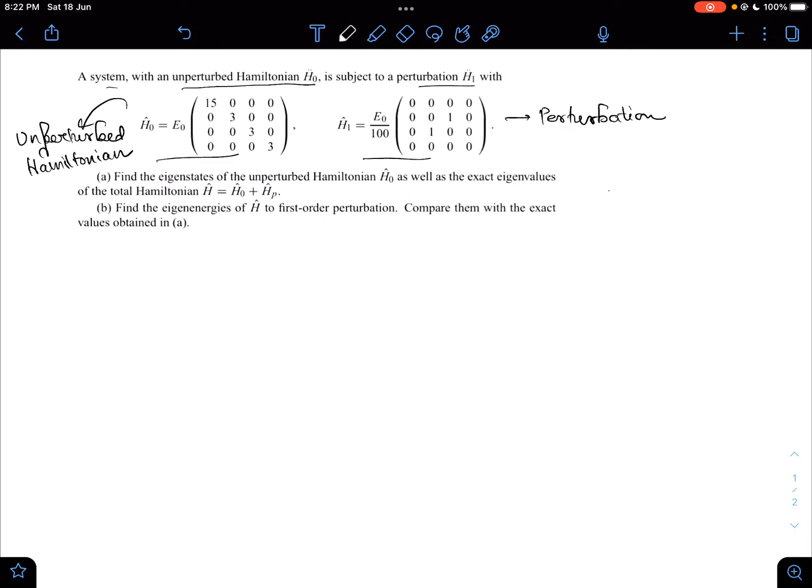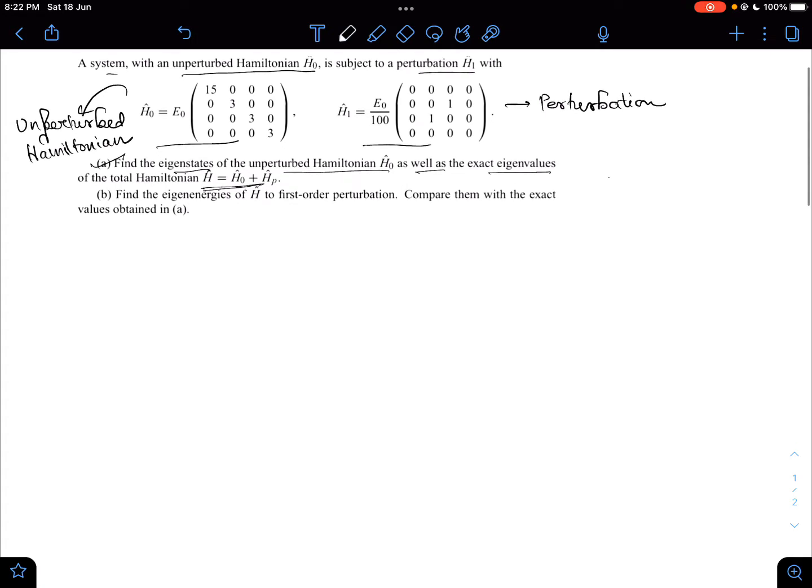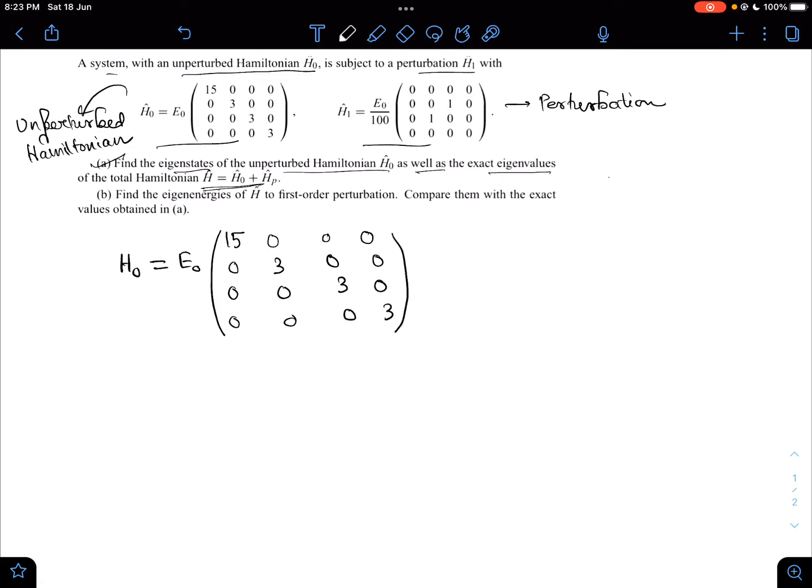So first we have to find the eigenstates of the unperturbed Hamiltonian as well as the exact eigenvalues of the total Hamiltonian. So let us proceed. We have our unperturbed Hamiltonian, which is given by this, E0 times 15, 0, 0. So let us write it down.